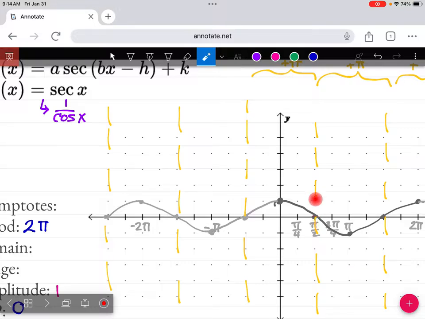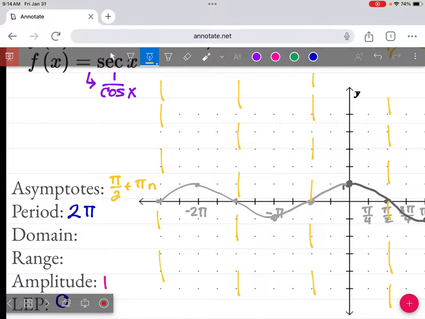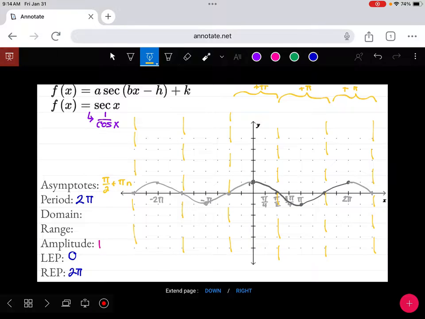And our first one was at pi over 2. So our asymptotes happen when we have pi over 2, that first one, plus pi n, for any number of times n. Why is it pi over 2 plus pi? The first place we had a 0 was pi over 2.